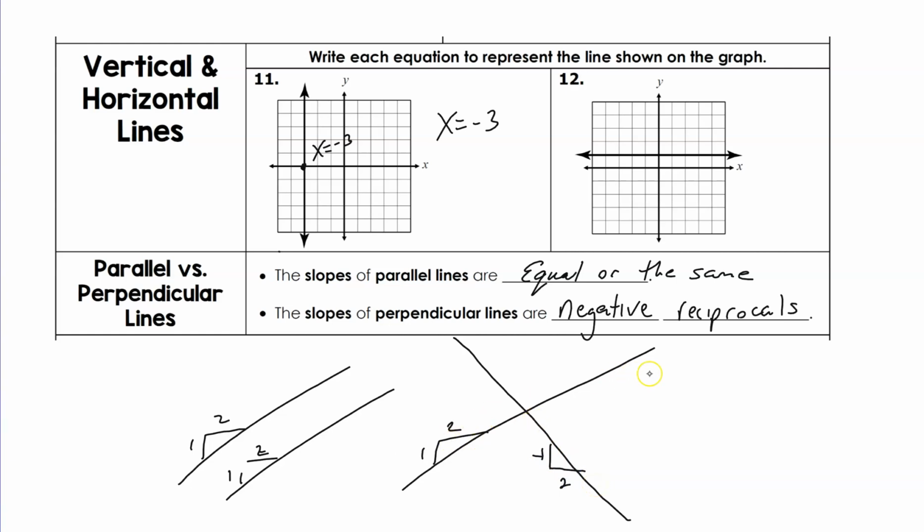So we could say the slope of, let's call this line A, and the slope of line B. The slope of A is 1 over 2. The slope of B will be -2 over 1. See how I just took it and flipped it over and changed the sign? That's what negative reciprocal means.